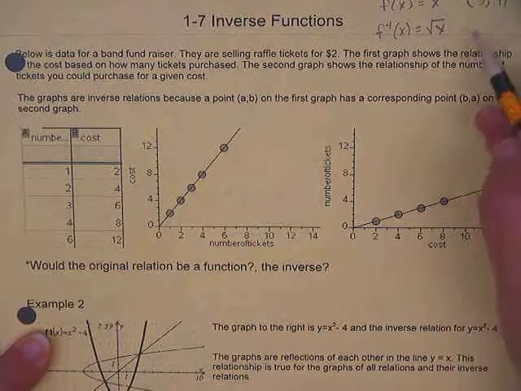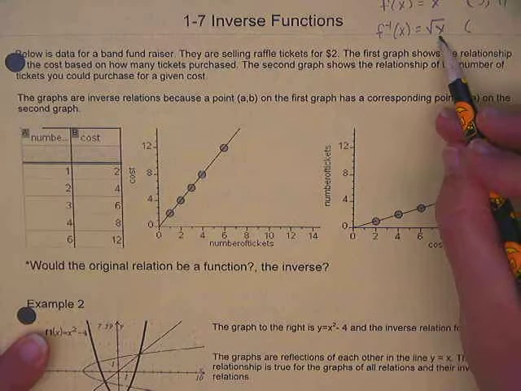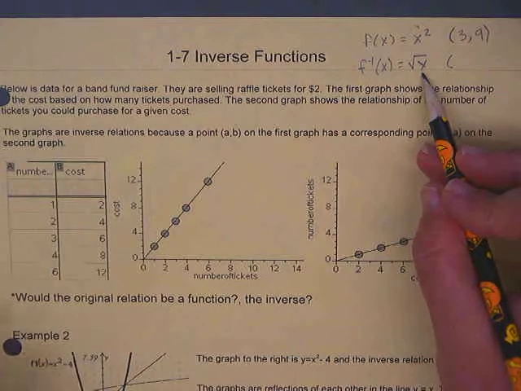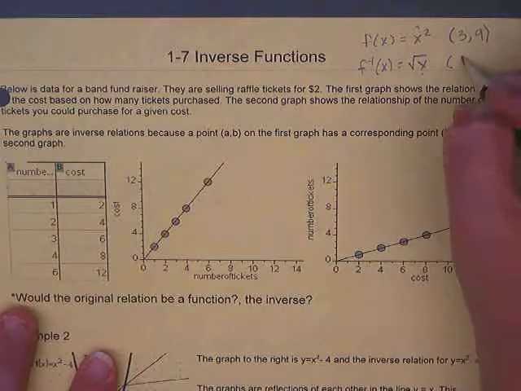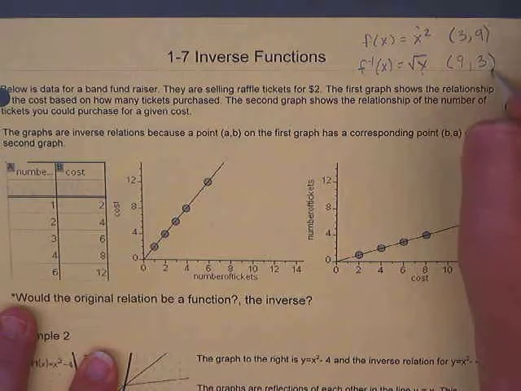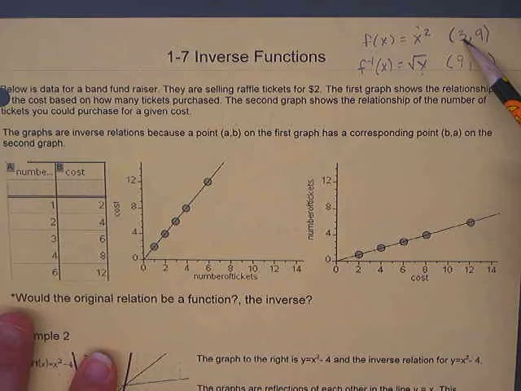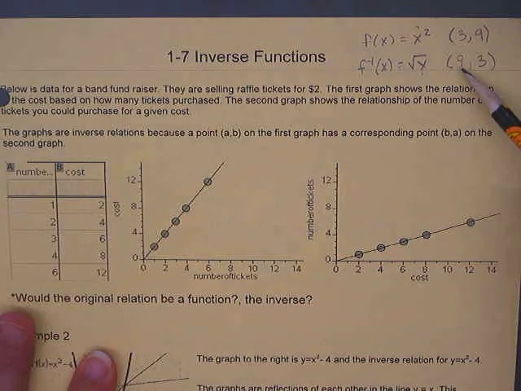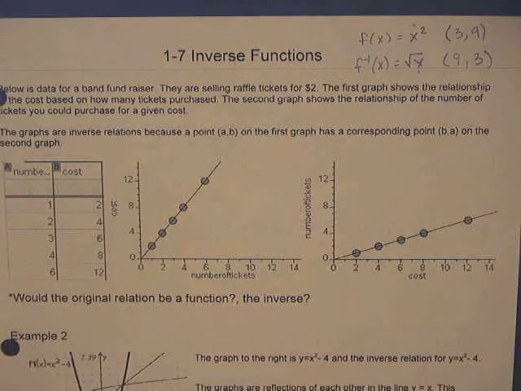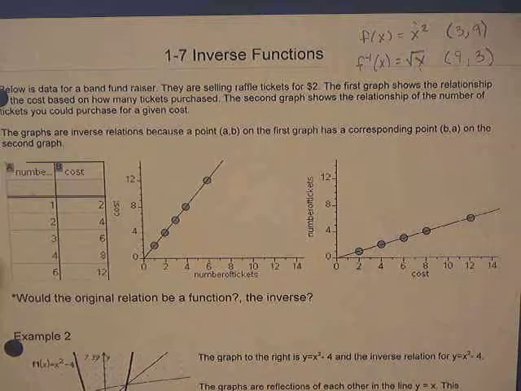Then if I plug 9 into my inverse function, the square root of 9, I'd get an output of 3. So my input would be 3 for the original and output 9, and for my inverse, my input would be 9 and my output 3. So I end up back where I started, and that's the concept behind an inverse function.